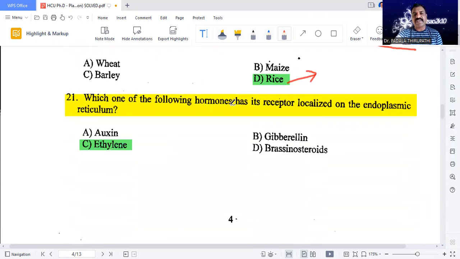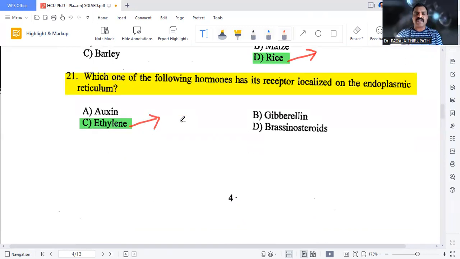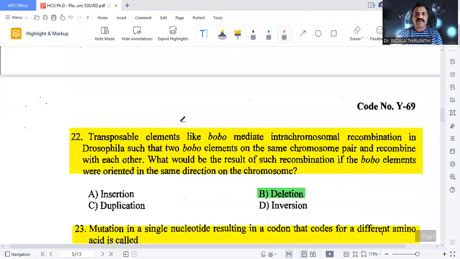Which one of the following hormones has its receptor localized on the endoplasmic reticulum? That is ethylene. Ethylene hormone has its receptor localized on the endoplasmic reticulum, ER. This is one of the cell organelles of all living organisms.